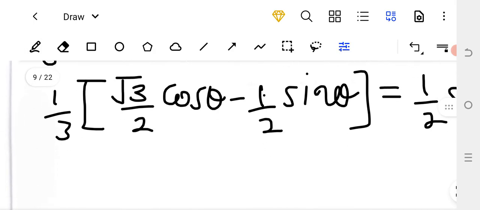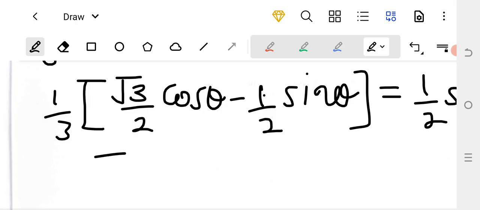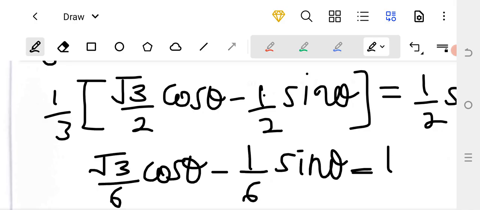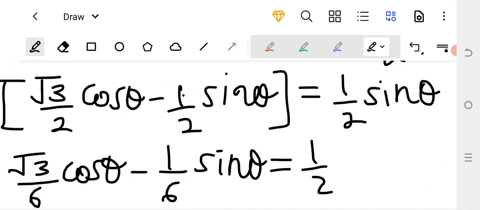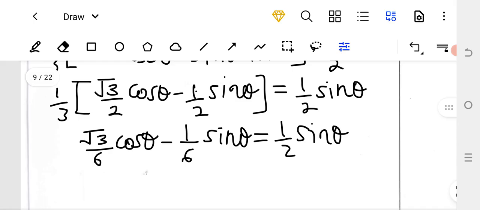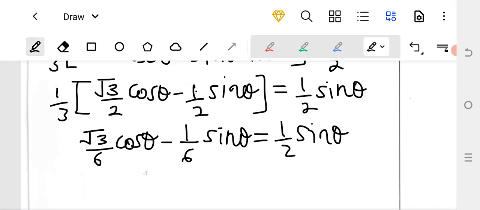To continue, we distribute the 1 over 3 in the brackets, so it's going to become square root of 3 over 6 cos theta minus 1 over 6 sine theta is equal to 1 over 2 sine theta. At this point, we're going to multiply it throughout by a 6.